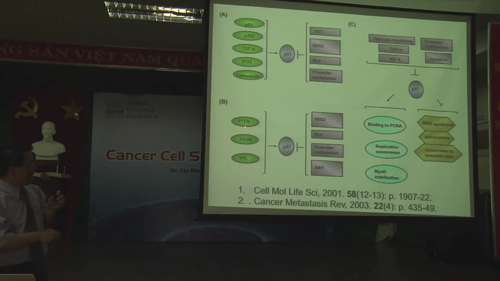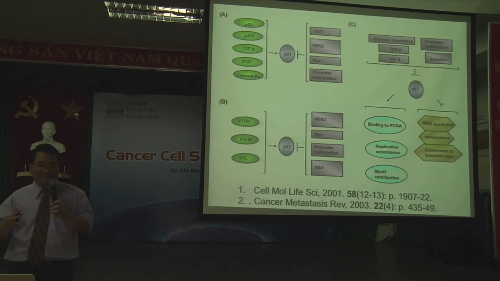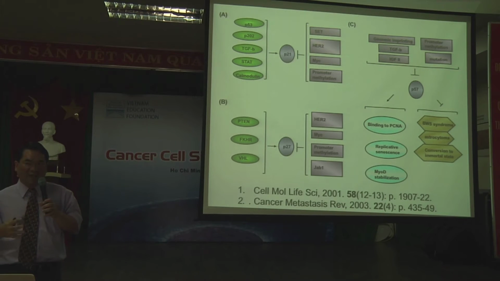PTEN, FKHR, the forkhead transcription factor, and VHL, a very important E3 ligase involved in tumor suppressing activity, are able to promote P27 expression. The oncogenes HER2 and MYC, and promoter methylation, suppress P27.